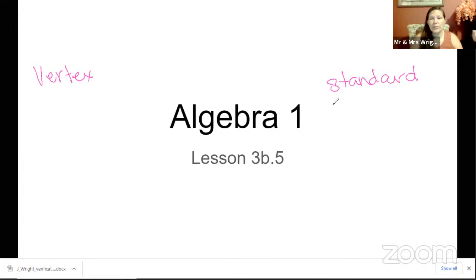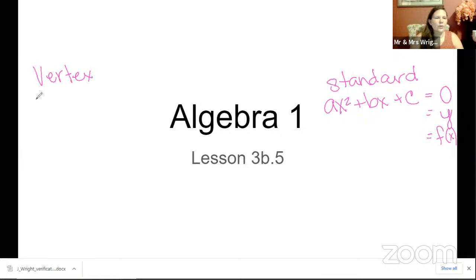Standard form you should probably have memorized by now, but it's ax squared plus bx plus c. Now, remember, this is just the expression. You can make an equation out of it by setting it equal to something. You can set it equal to 0 if you're going to solve. You can set it equal to y if you need it to be an equation, or to f of x if you need it to be a function, okay?